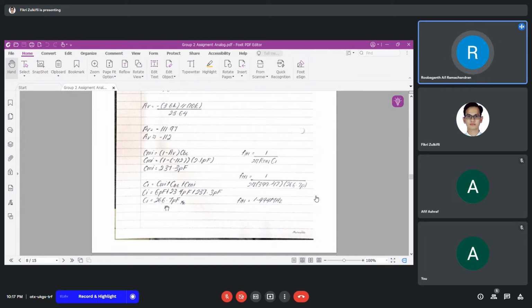So we'll get CI equals 266.7 picofarad. Then we substitute into the frequency formula, where 1 over 2 pi RTH times CI. So 1 divided by 2 pi times 399.47 times 266.7 pico equals 1.494 megahertz.